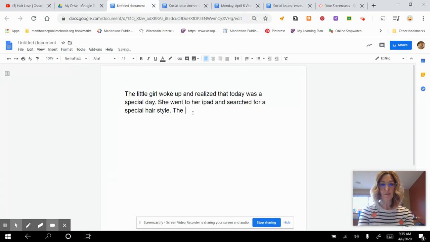The little girl wanted her dad to attempt to put her hair up instead of using a hat, right?